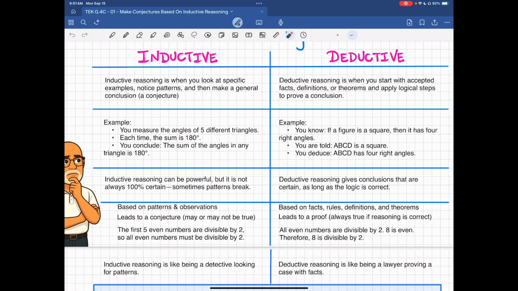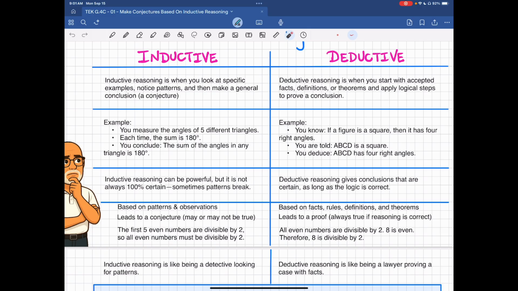Inductive reasoning is when you look at specific examples and you notice patterns, and then you make a general conclusion, a conjecture, just like what we talked about previously. However, deductive reasoning is when you start with accepted facts, definitions, theorems, and you apply logical steps to prove a conclusion.